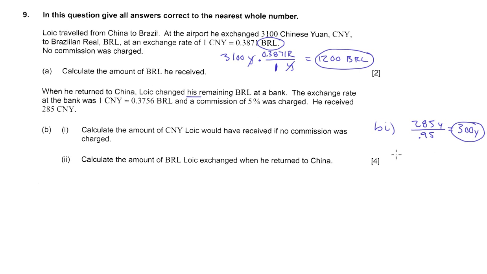So we got B part 2 here. We want to use our conversion here. We want to get rid of the yuan, and we want to be back to what we started with, which was the Brazilian real. So there's the real on the top here. So here's our exchange rate, 1 yuan, and then we got 0.3756 real, right? So then those yuan are gone and it's back into real.